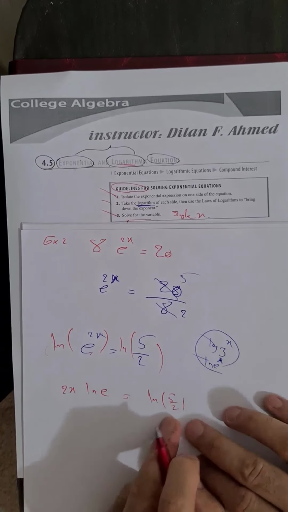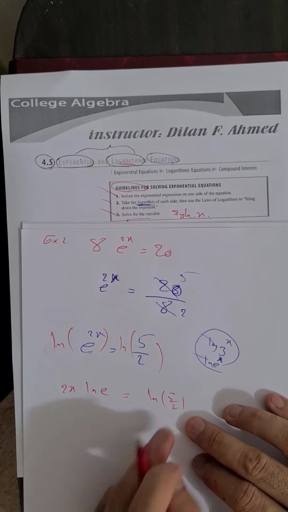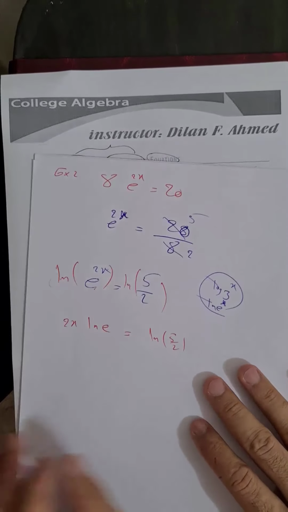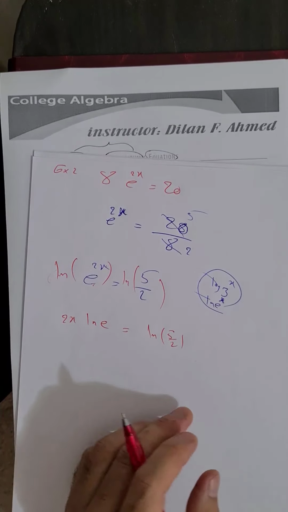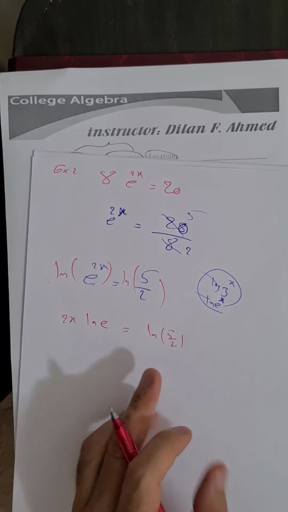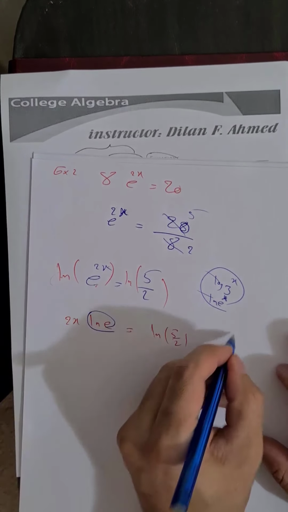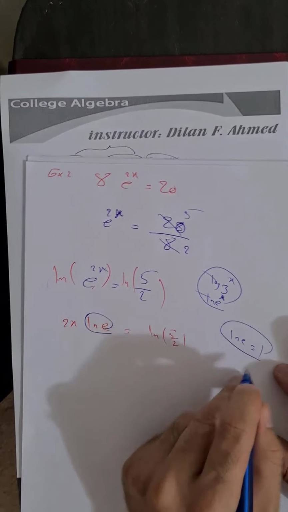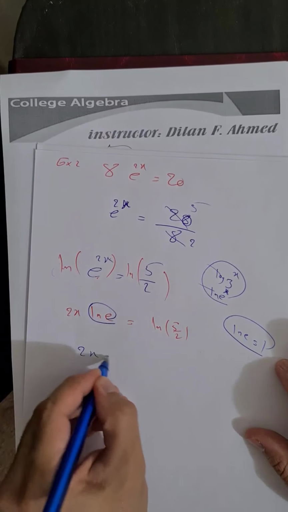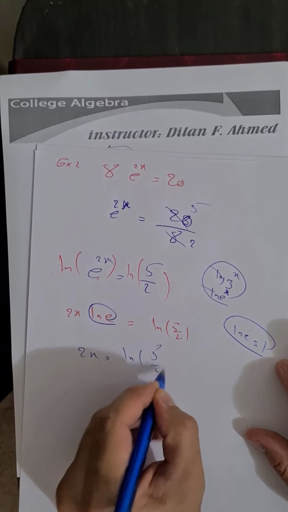Do not try to distribute this, because it is just a number. You don't need more expanding. I know ln of e is 1, so 2x is equal to ln of 5 over 2.